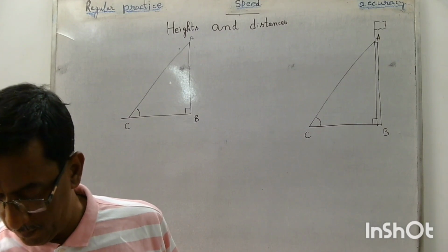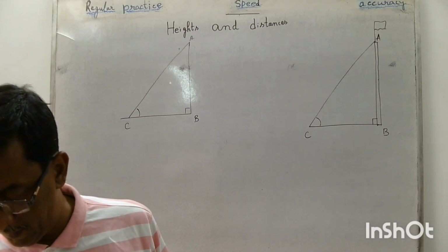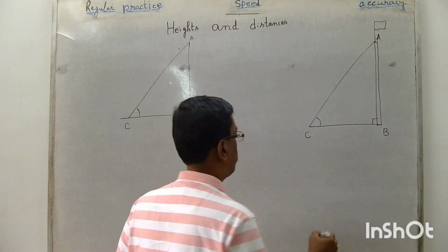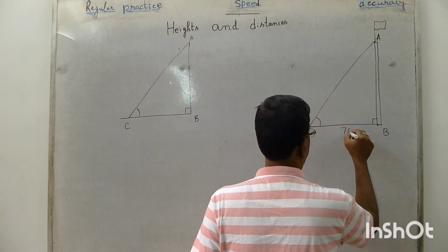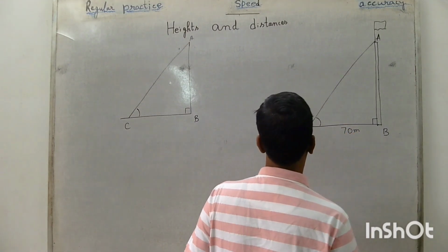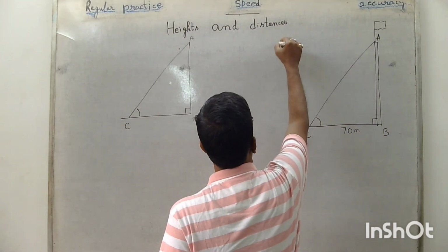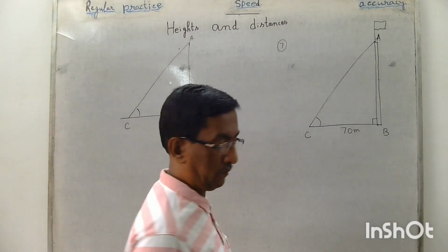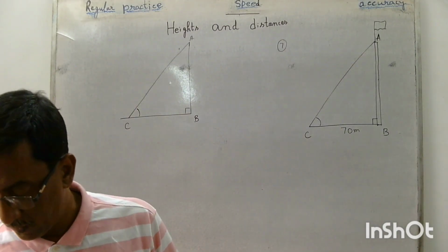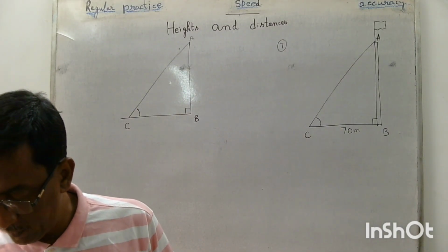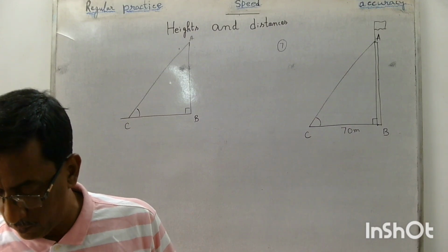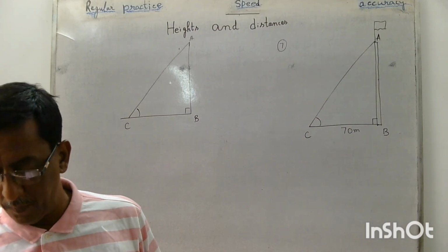At a point of the plane 70 meters away from the tower, an observer notices the angle of elevation of the top and bottom of the flagstaff, first the top, then the bottom.